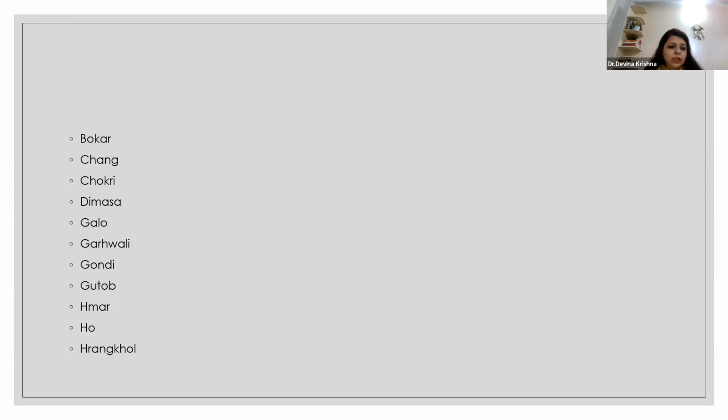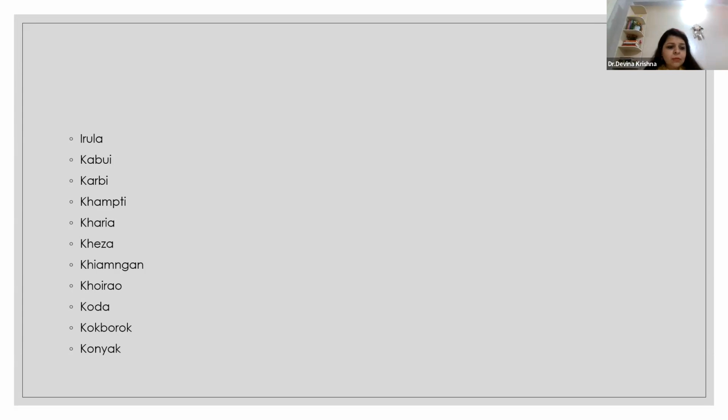Dimasa, Galo, Garwali, Gondi, Gutob, Hamar, Ho, Rangkhol, Irula, Kabui, Karbi, Khamti, Khariya. Some of these languages belong to the Austroasiatic group.